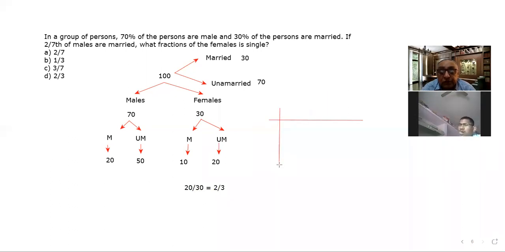So I am taking here, on this side, male and female, and the total on this side. Similarly, here I am taking the persons who are married, the persons who are unmarried, and the total number of persons.